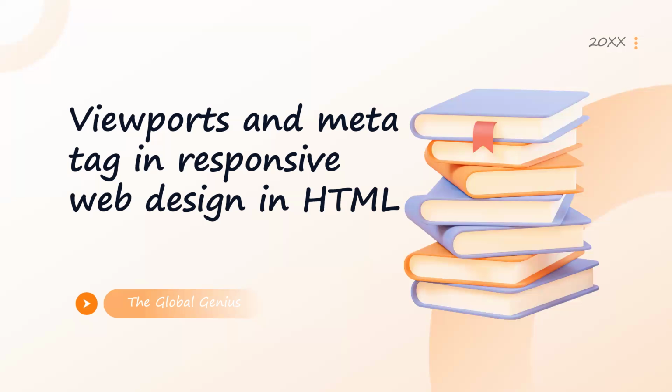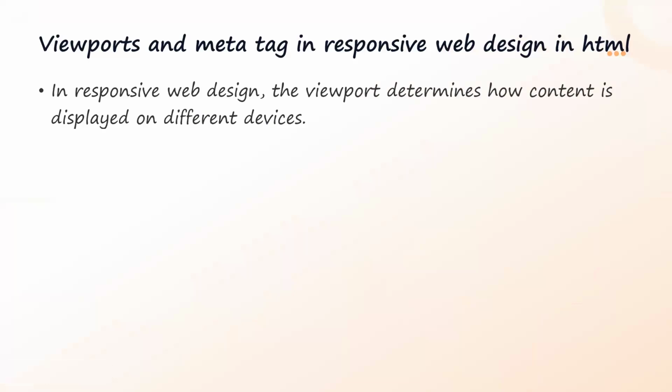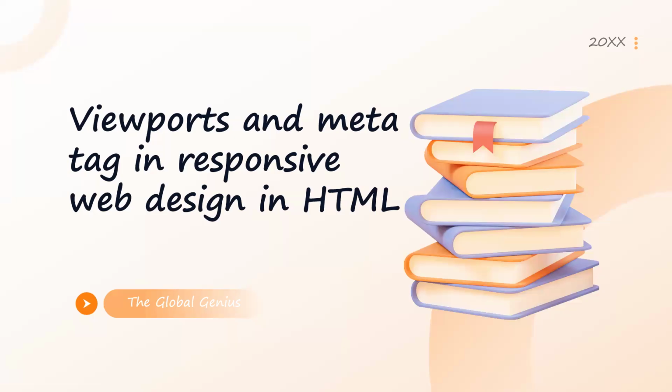So that is what we'll be looking at. How do we make something like that? In responsive web design, the viewport determines how content is displayed on different devices. So we have different ways of making our website very responsive.